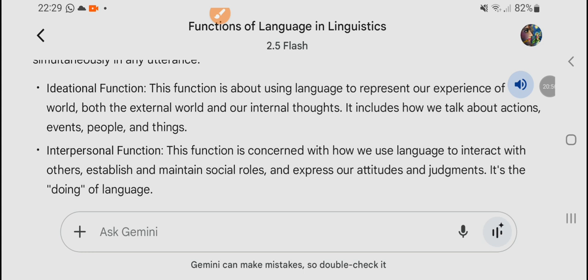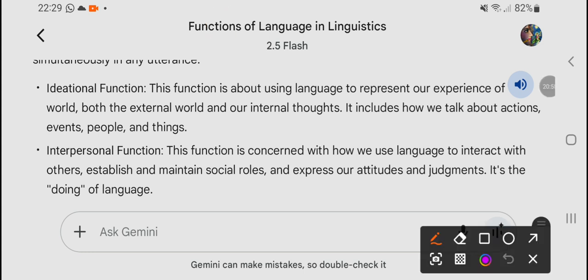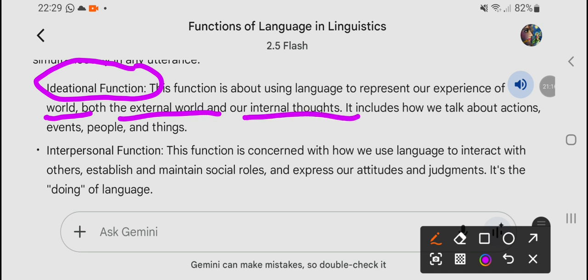What he says is that the first is ideational. Ideational function means the language used to represent our experience of the world, our internal experience or external thoughts.